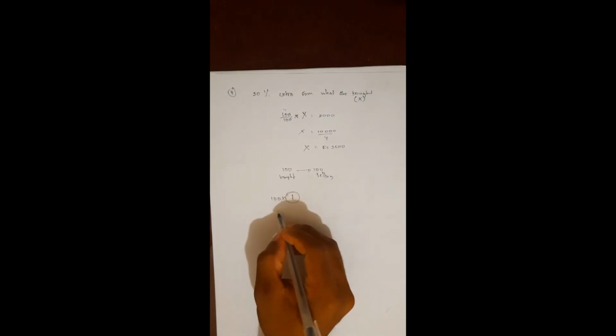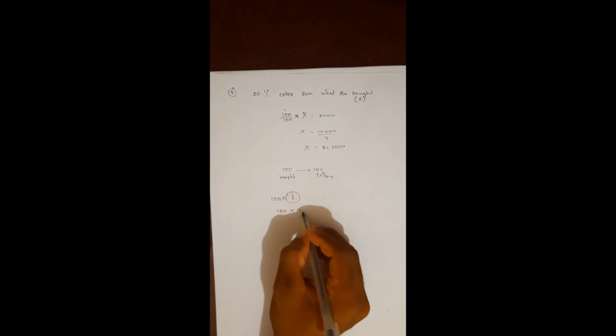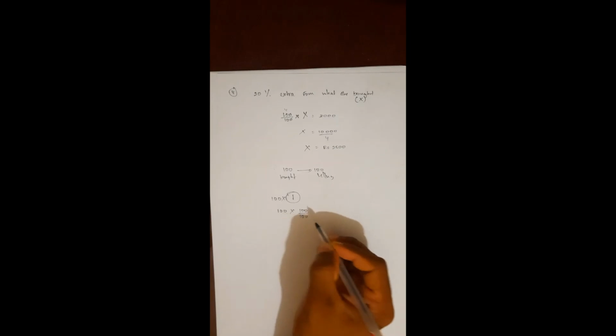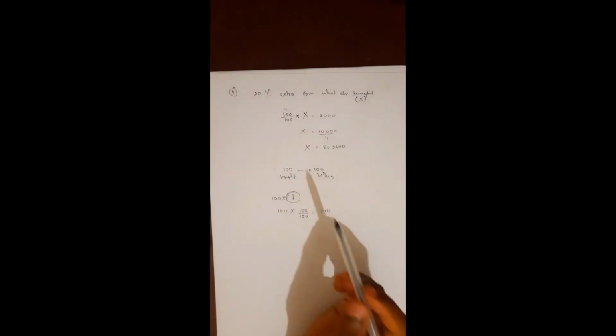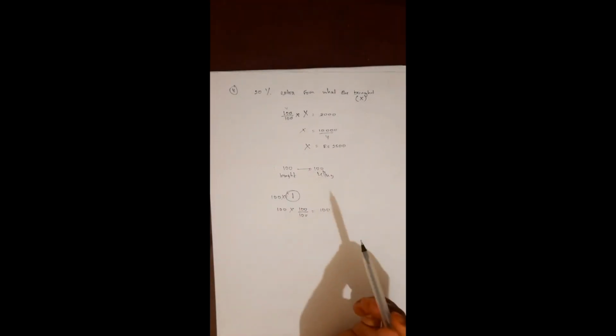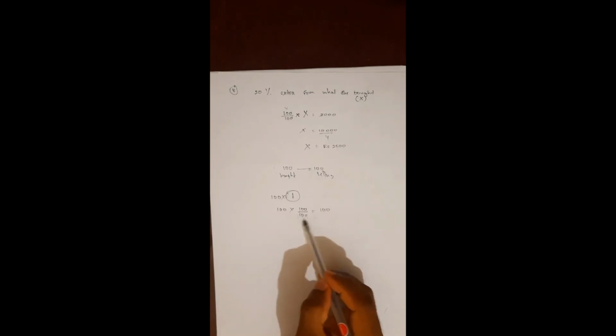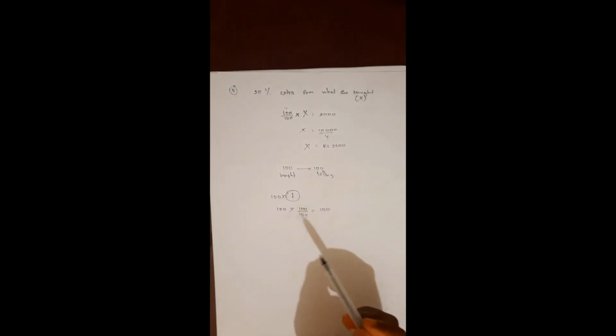So this 1 can be written as 100 over 100. So 100 over 100 is obviously 1. That is equal to 100. She hasn't made any profit or any loss. So this is the total part, and this is what she is selling for.